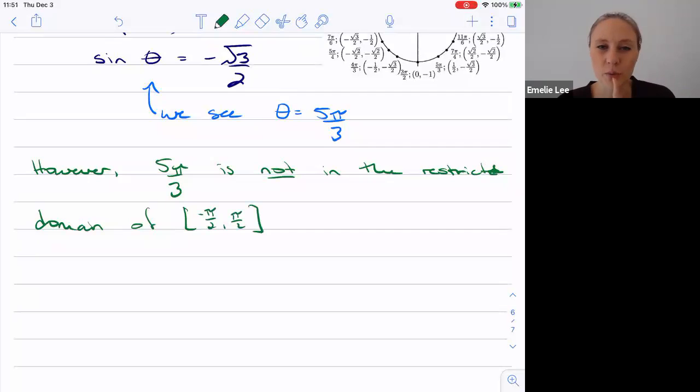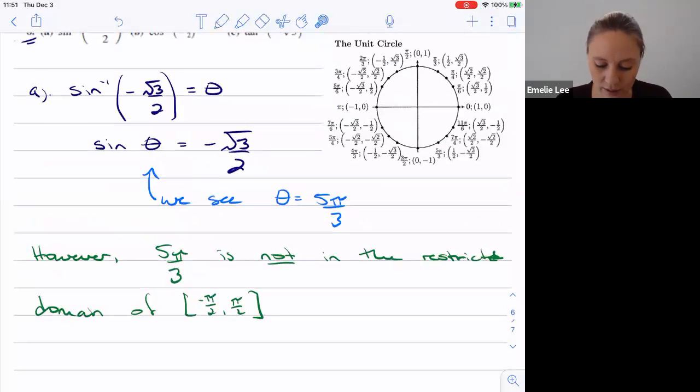Okay. So what we do is, well, we see that these points are in the restricted domain.